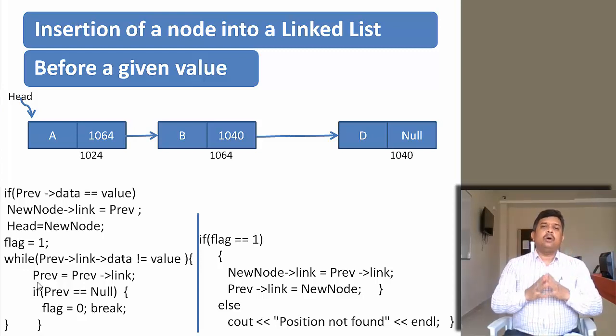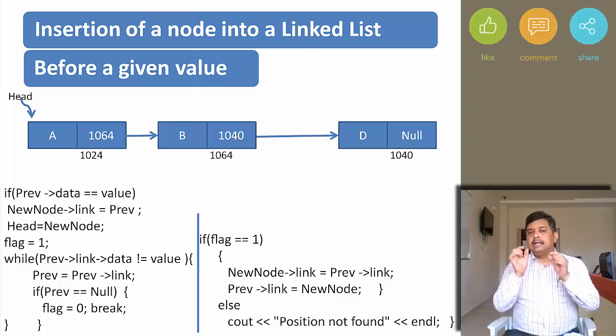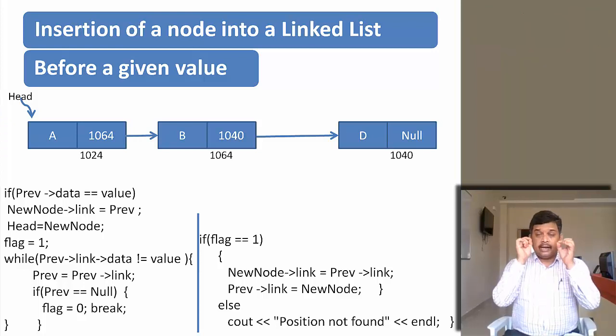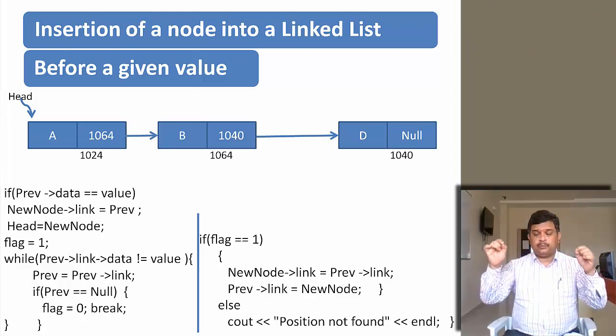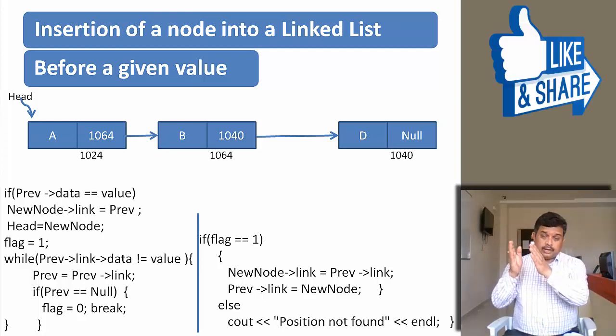So let us try to understand. If the node I want to enter is before a given value, it means let us say I want to insert a node before a node containing data D. I don't know where D is. I have to search for D, and before the node containing D, I have to enter my new node.